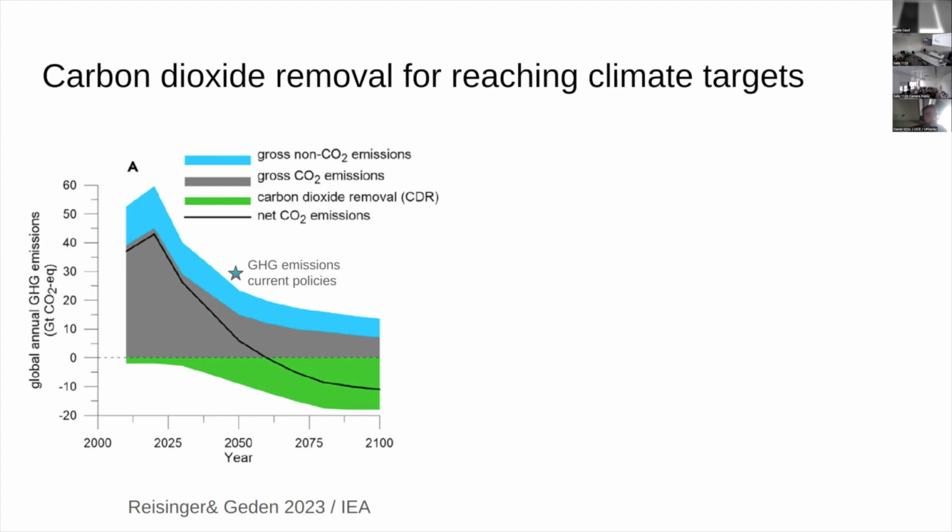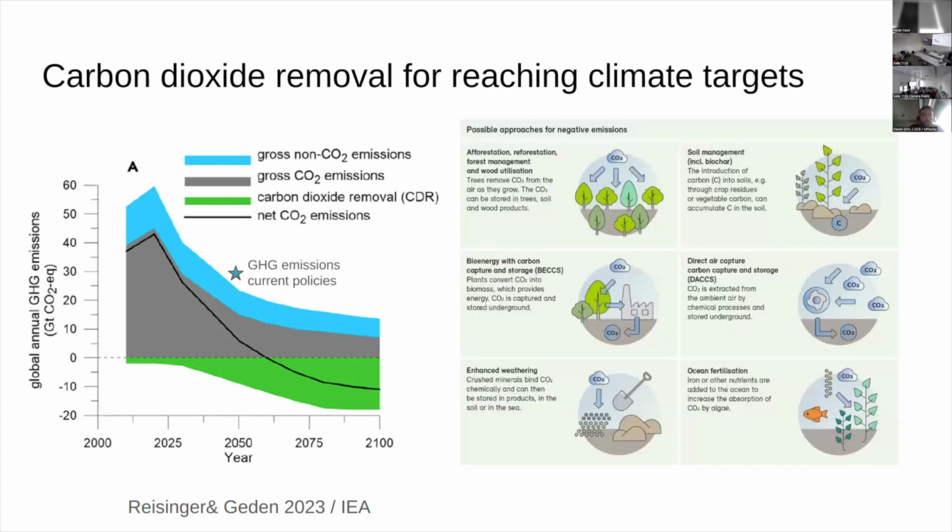You can see here the star, which is the greenhouse gas net emissions according to current policies for the year 2050, which is roughly 30 gigatons of carbon, but we should rather be closer to net zero. So we need some solutions to remove CO2 from the atmosphere because societies fail to cut their emissions.